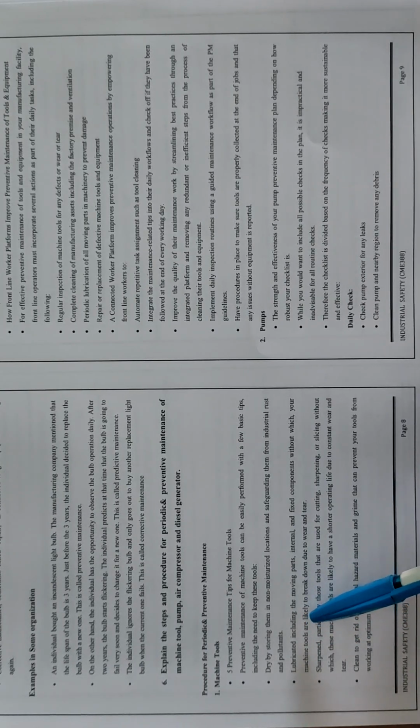Lubricate the moving parts, internal and fixed components, without which your machine tools are likely to break down due to wear and tear. Sharpen, particularly those tools that are used for cutting or slicing, without which these machine tools are likely to have a shorter operating life due to constant wear and tear.